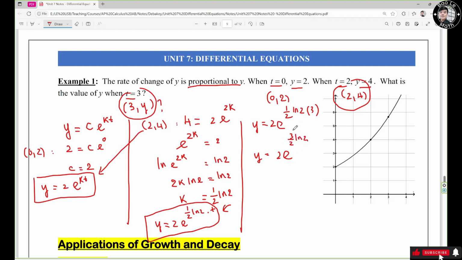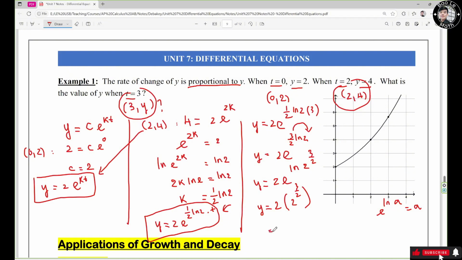Now you can bring 3/2 back up, so y equals 2 times e raised to the natural log of 2 raised to the 3/2. Since e raised to the natural log of a equals a, y equals 2 times 2 raised to the 3/2.